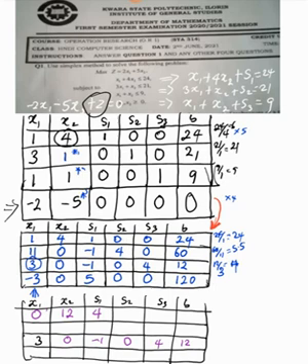We have 0 times 3 minus 0, 0, 0 times 3, 0 minus 4, negative 4.